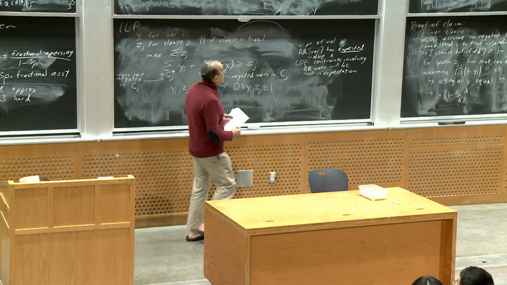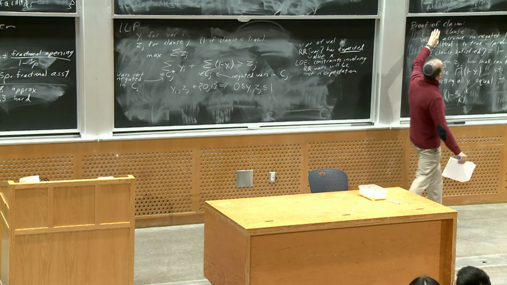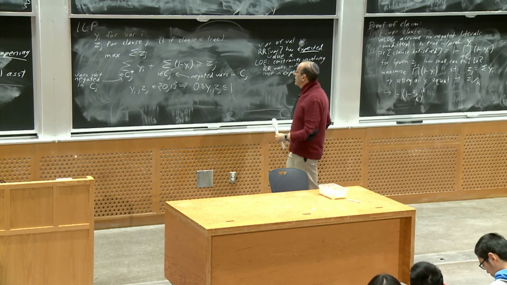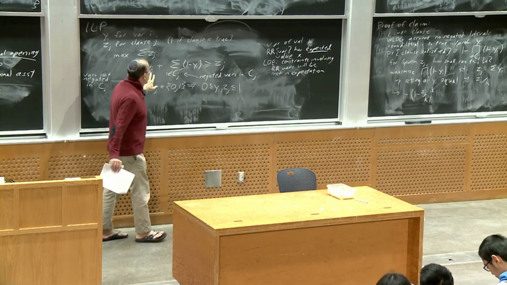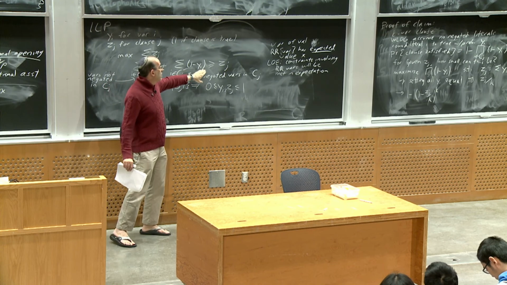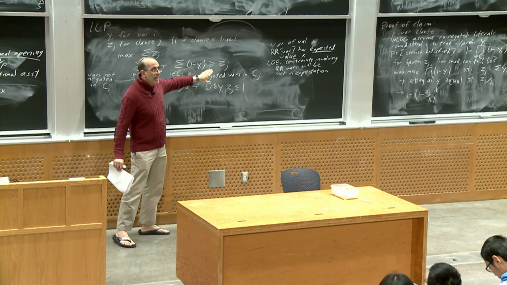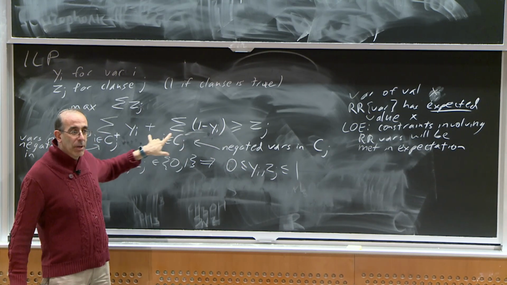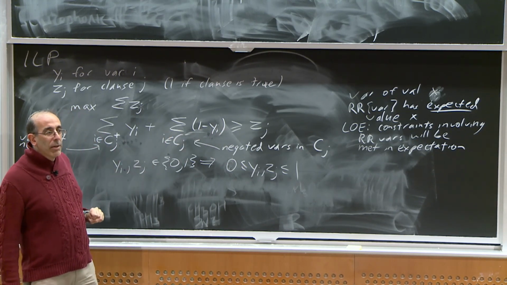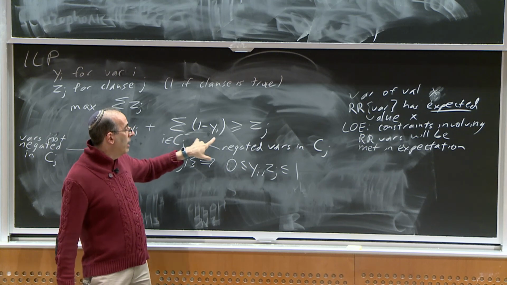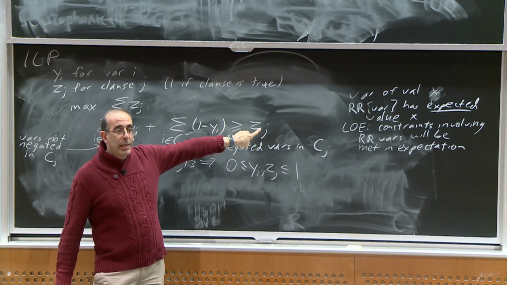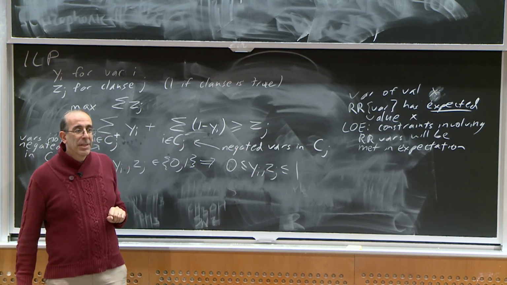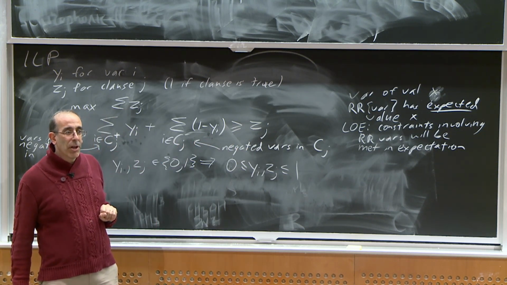And again, that was true here. We relied on the fact, in our integer linear program, which is here, that randomized rounding meant that the expected value of these left-hand sides was equal to the fractional value of the linear program. And that was a good thing because we then related the probability of a clause being true to the expected number of true variables in the clause.